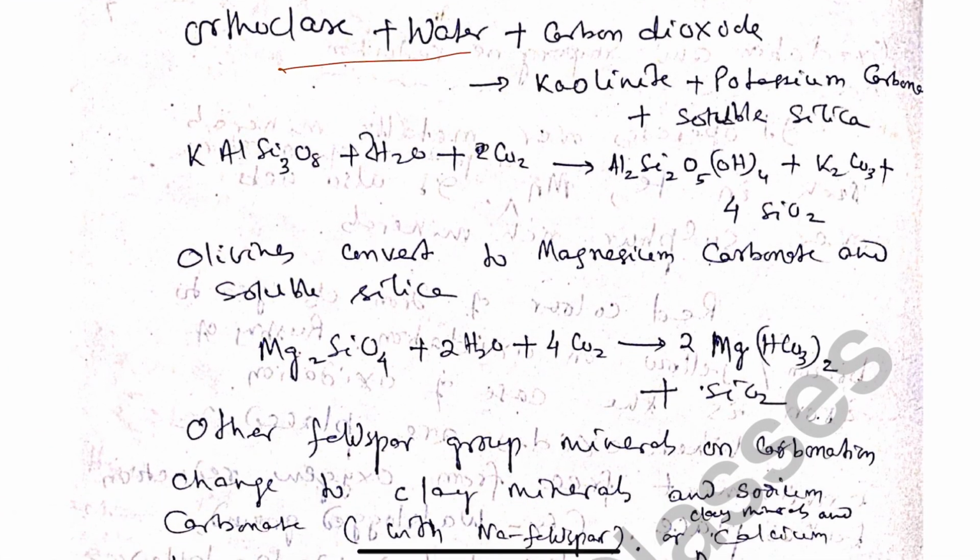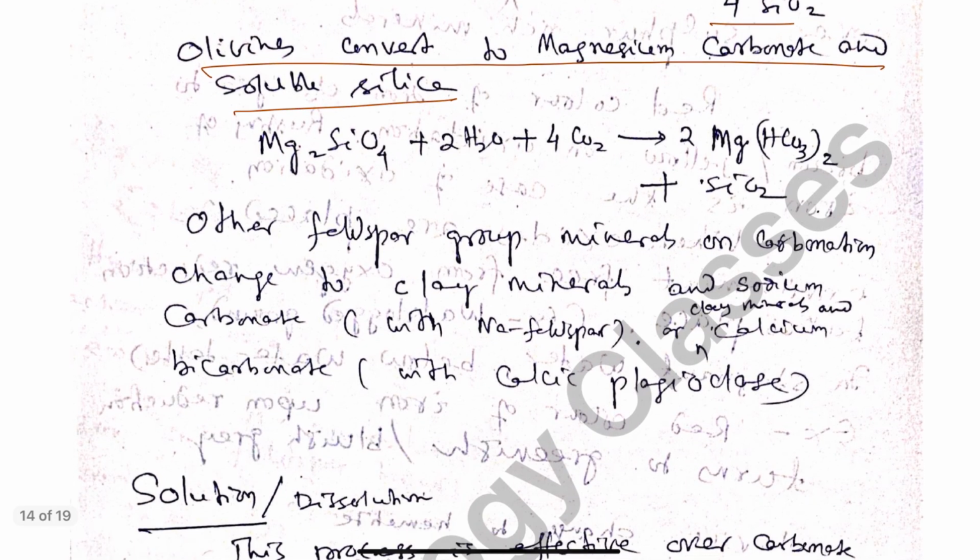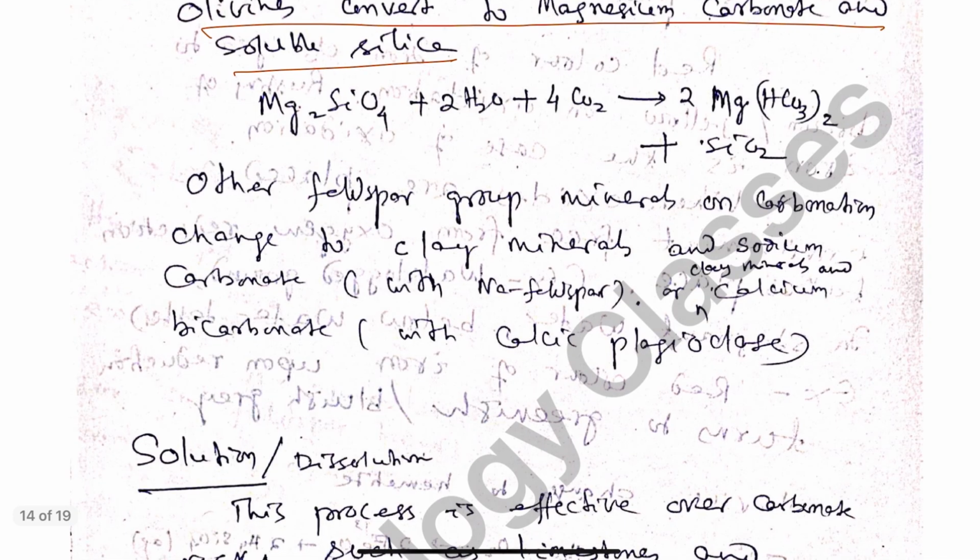So orthoclase, water plus carbon dioxide, produces kaolinite, potassium carbonate and soluble silica. So this is the reaction. Olivines convert to magnesium carbonate and soluble silica. So this is the reaction.